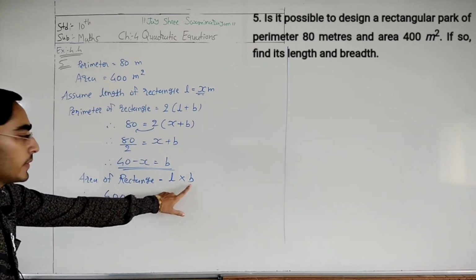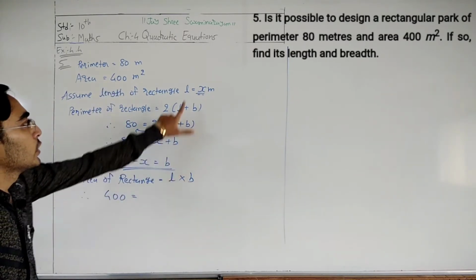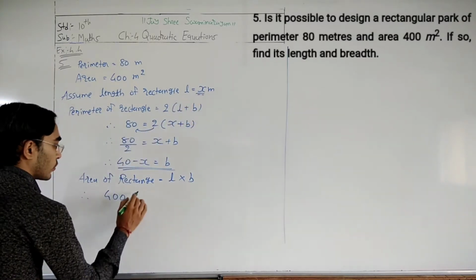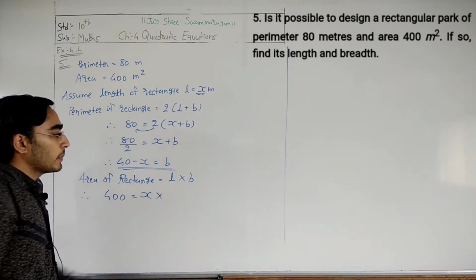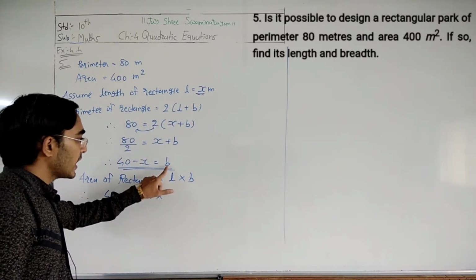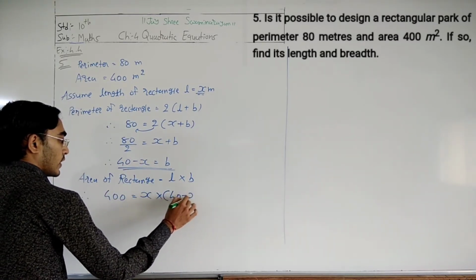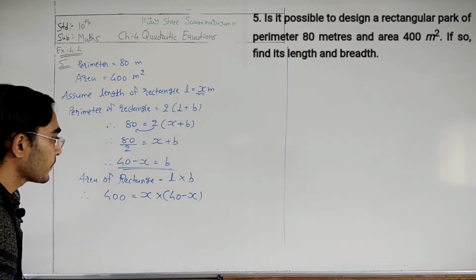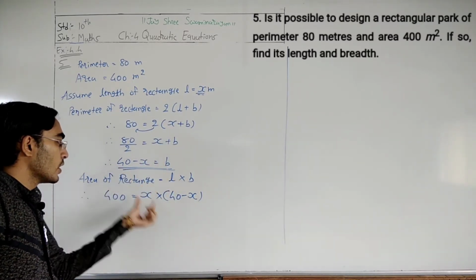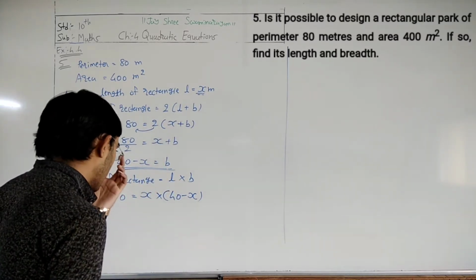Now L multiplied by B. Your length is equal to x, so put x multiplied by breadth B. We already got the value of B here, 40 minus x. So your breadth B is equal to 40 minus x.